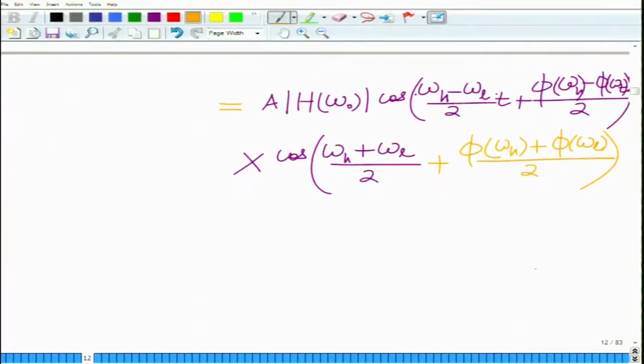Now, if you check this, you have omega_H equals omega_0 plus omega_m, omega_L equals omega_0 minus omega_m.